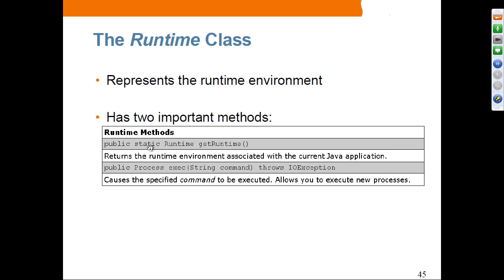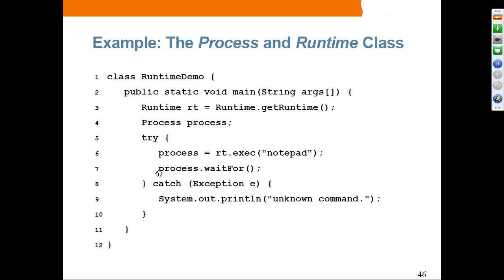You can see this is a static method, right? And it returns a Runtime object. And from the Runtime object, you can find out information about your runtime environment. You can run whatever application you happen to have on your platform by using the exec method on the Runtime class, and it returns a Process object.